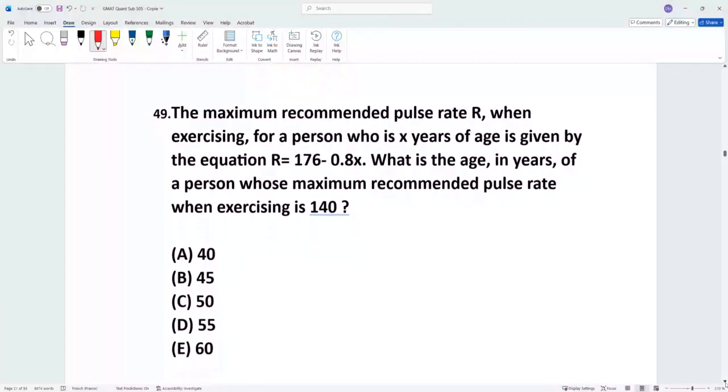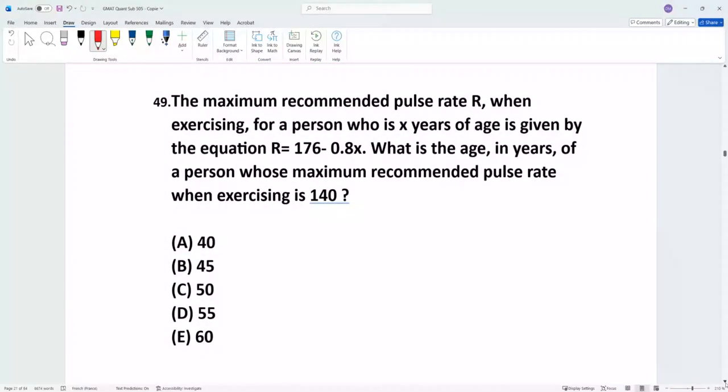All right. Let's now go to question number 49. It says the maximum recommended pulse rate when exercising for a person who is x years of age is given by the equation R equal to 176 minus 0.8x. What is the age in years of a person whose maximum recommended pulse rate when exercising is 140?